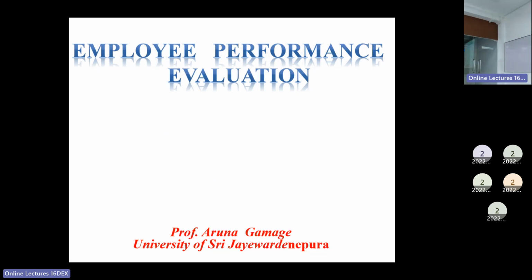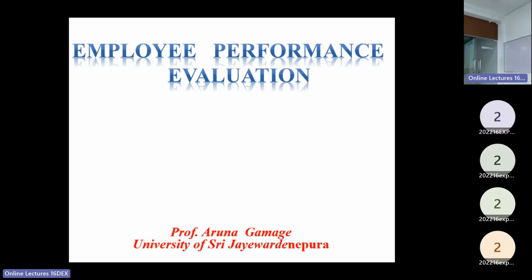One of the reasons is skill deficiency. If the problem is skill deficiency, the solution is training and development. So in order to identify what types of training are needed and who needs training, performance evaluation helps a lot. That is why we perform performance evaluation before training and development.